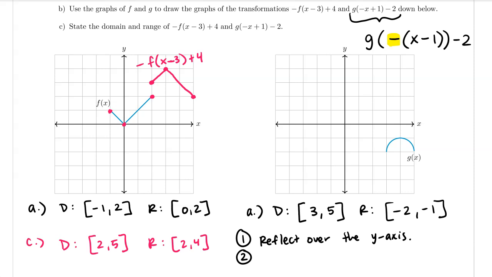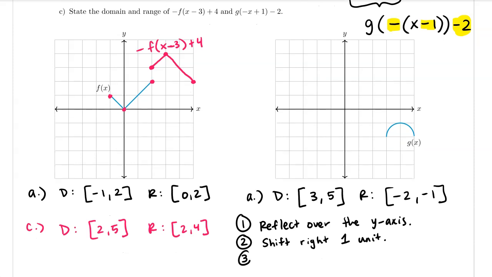Step 2, we are going to deal with this minus 1 on the inside, and that is going to have us shift right 1 unit. And then our final step is dealing with this minus 2, and that's going to have us shifting down 2 units.